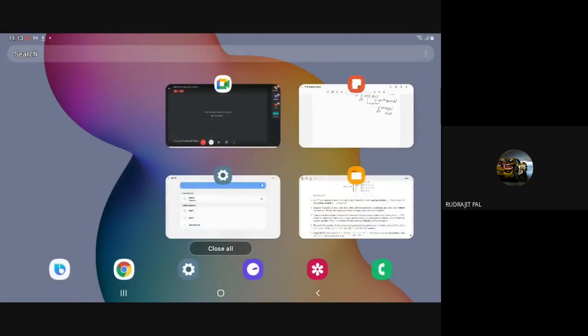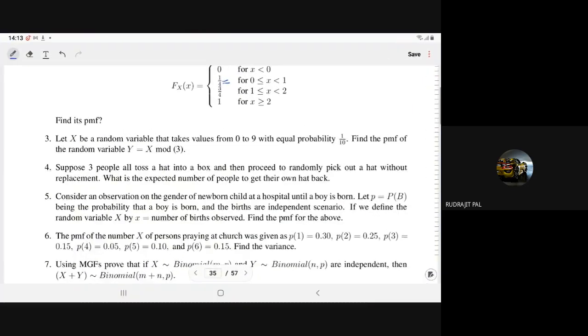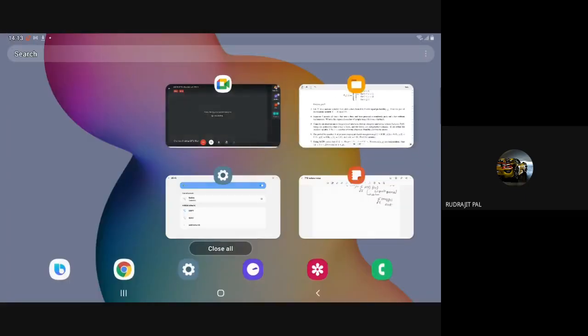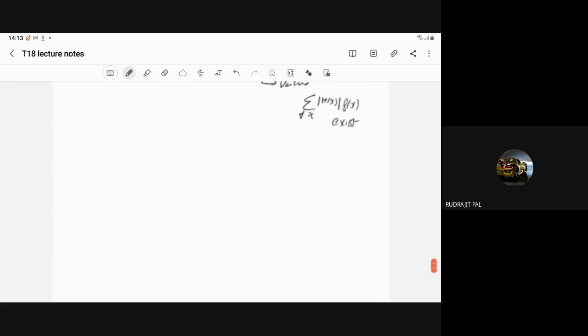So in this question, let us see again question number 4. Suppose 3 people all toss a hat into a box and then proceed to randomly pick out a hat without replacement. What is the expected number of people to get their own hat back? Let us try to understand this question by a tree diagram. Here we have 3 hats, 3 persons. Let us say person 1 chooses hat 1, hat 2, hat 3.